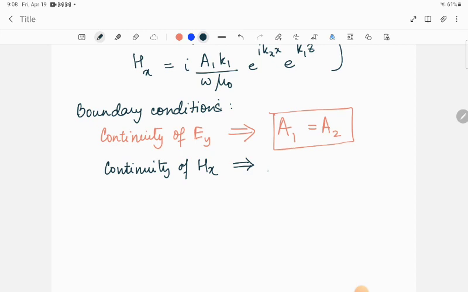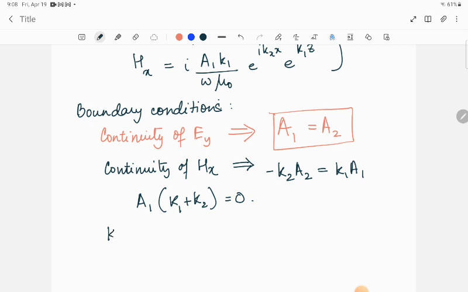If you plug things in, what you get is minus k2 A2 equal to k1 A1. Substituting A1 equal to A2, what we have is A1 times (k1 plus k2) equal to 0.